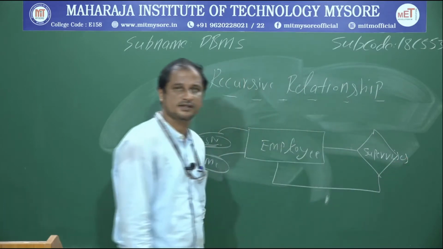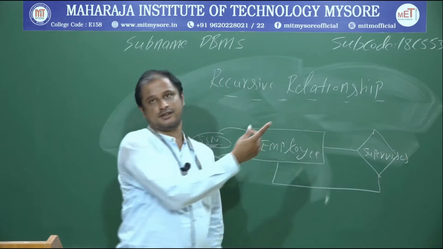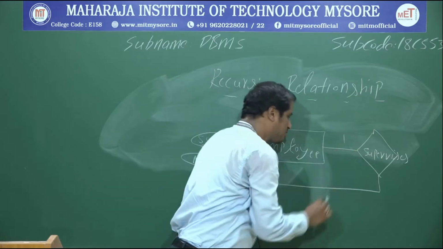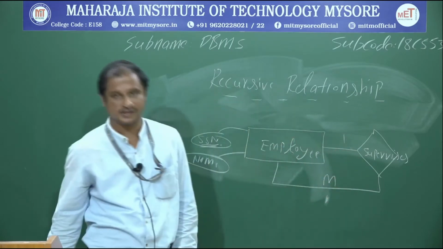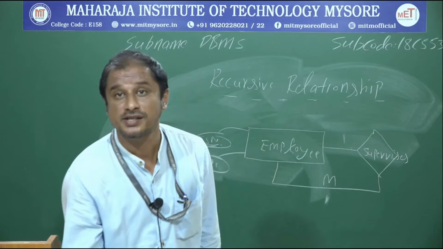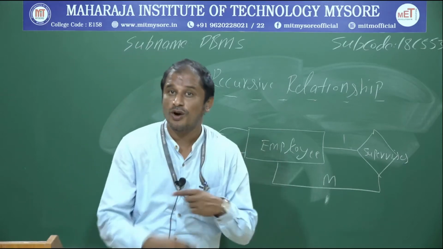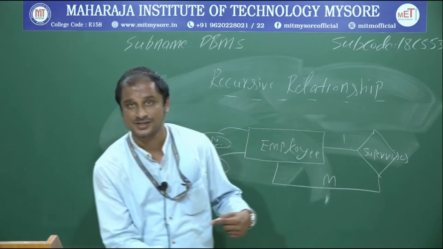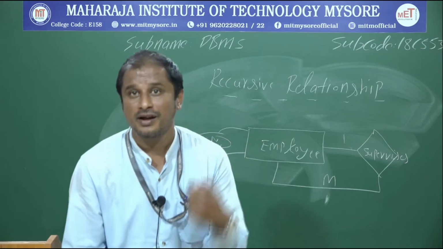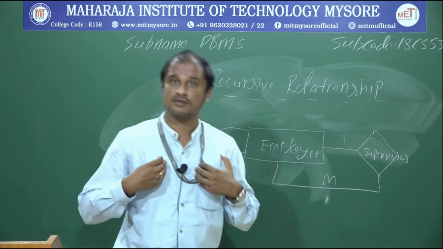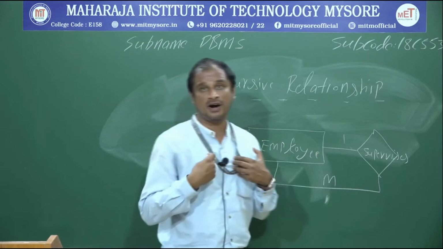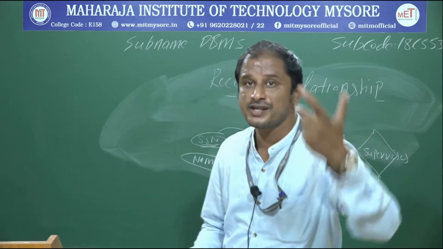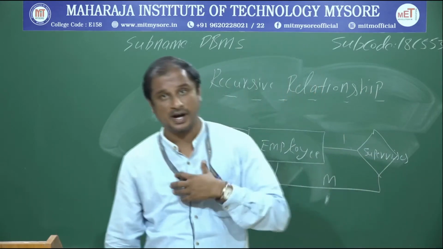So employee supervises employees, itself, right? So one employee supervises many employees. Calling the same entity set is called a recursive relationship, where the employee, myself, the head of the department, as an employee I supervise many employees of my department, right?